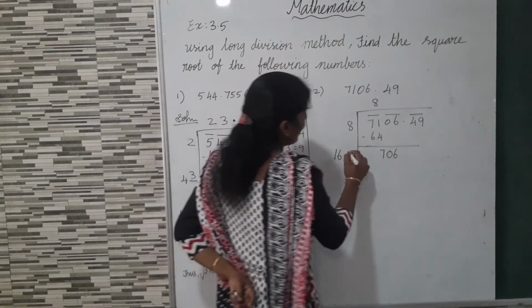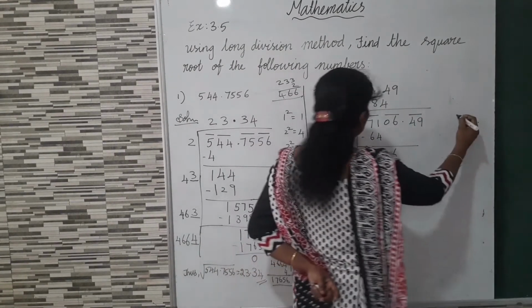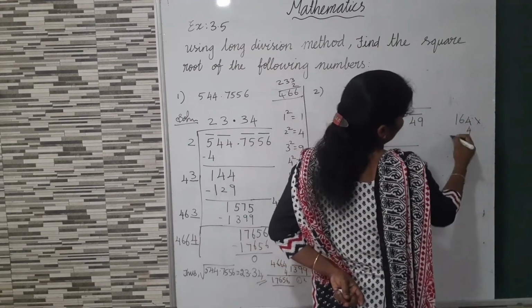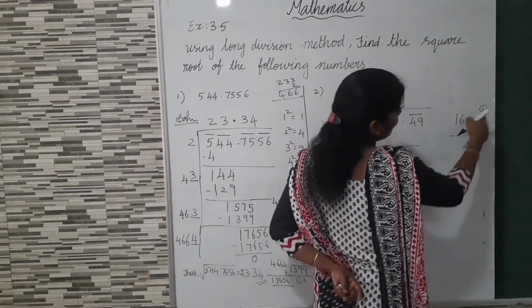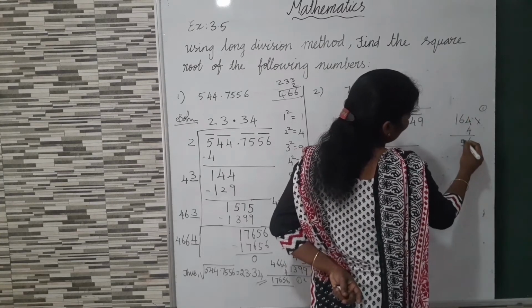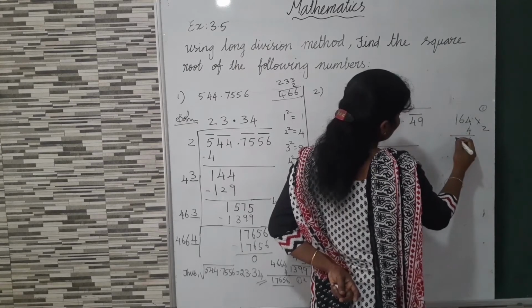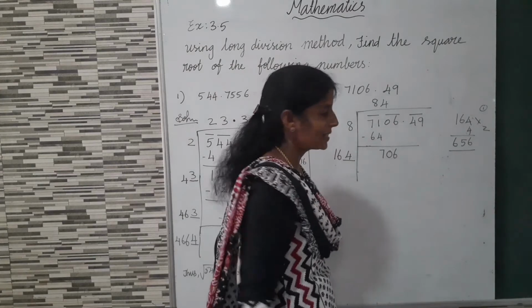Let's check 164 into 4. 4 4s are 16, 1 balance; 6 4s are 24, 24 plus 1 is 25, 2 balance; 1 into 4 is 4, 4 plus 2 is 6. So 656, nearest to 706.